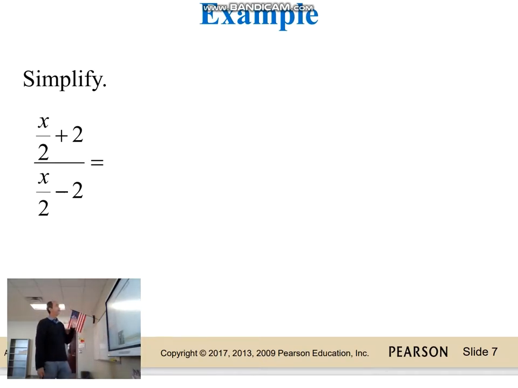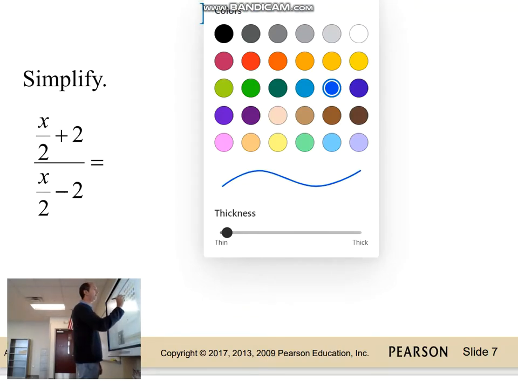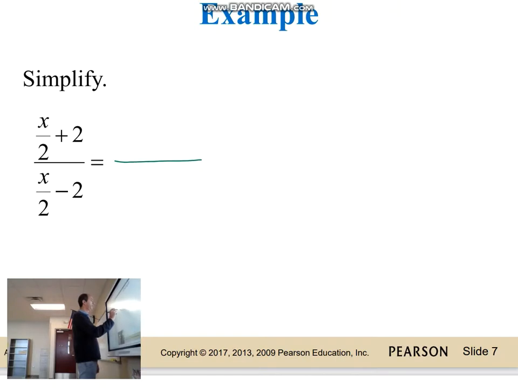We have x over 2 plus 2, divided by x over 2 minus 2. This is a complex fraction because I have a fraction in the numerator and a fraction in the denominator. Let's simplify. First, we simplify the numerator.